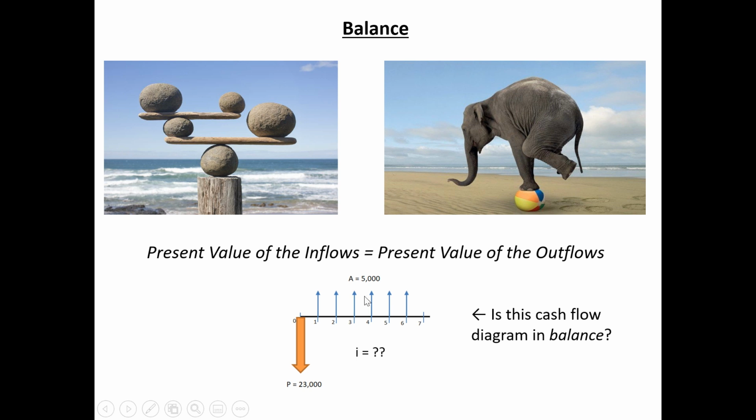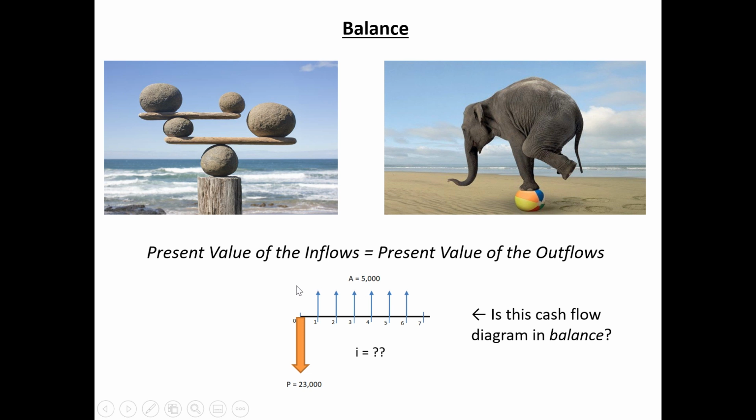And so the way that we solve for I is we keep iterating over and over again. We look for the interest rate that makes the inflow equal to the outflow. So if I equals 0%, then this isn't in balance. Because if we took the present value of this annual series, so find P given A, at 0% interest, it would be 30,000.